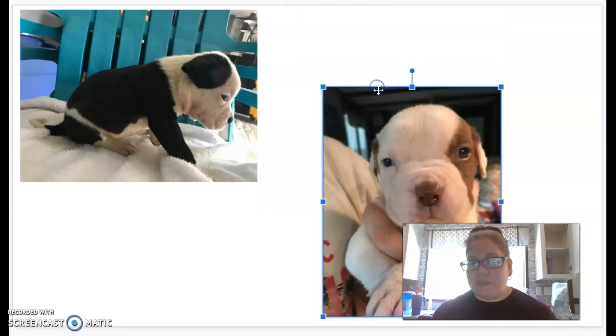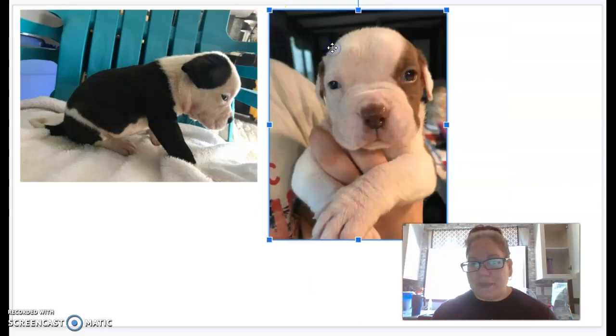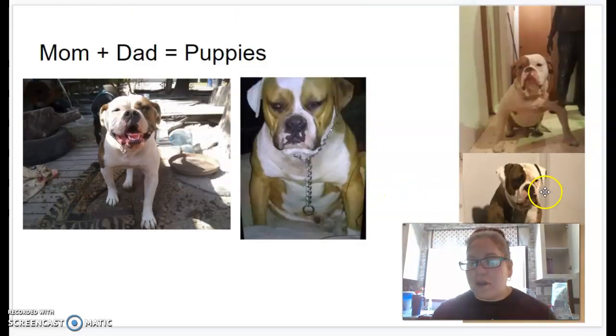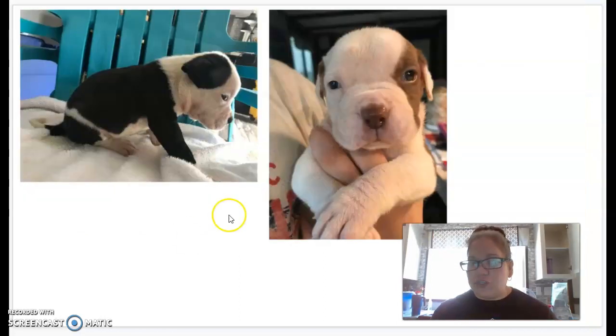Look at the big difference between puppy 1 and puppy 2. Puppy 1 is black, big head, black nose. Puppy 2 is brown and white with a brown nose. So even though both of the parents don't have a brown nose, the brother of the dad dog has a brown nose. So we see that this trait came out in the puppies.